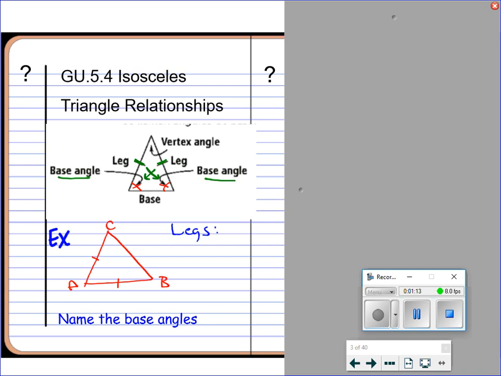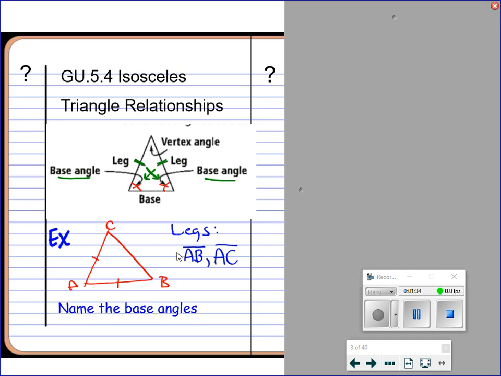So now let's take a look at this example. I have two sides that are congruent, and so I want to list the two sides. Since it's a list, I'll put AB with a bar above it, because we're talking about the name of the sides. AB and AC are called the legs. Now, name the base angles. This is really important.